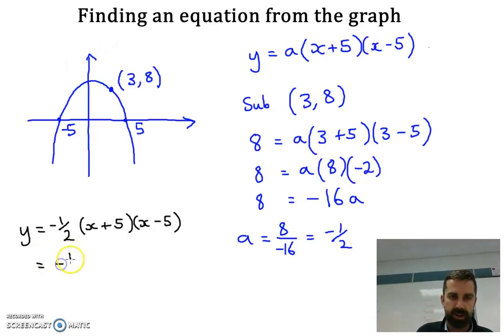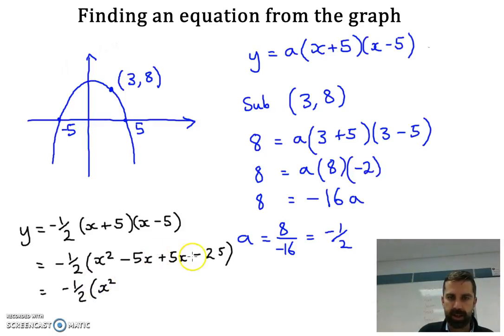If I wanted to, I could expand that out. I can just do that now. So that'll be x squared, we'll do the full thing, take 5x plus 5x, take 25. So in this case, the x terms actually cancel out, and we'd expect that because this is a symmetrical graph about the y-axis.